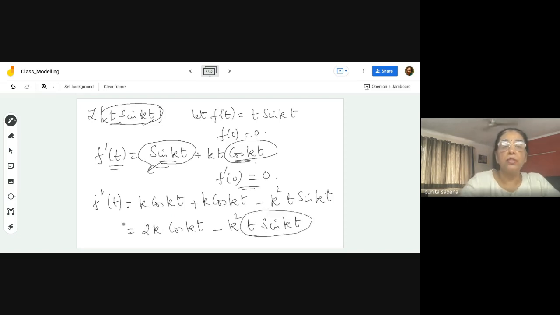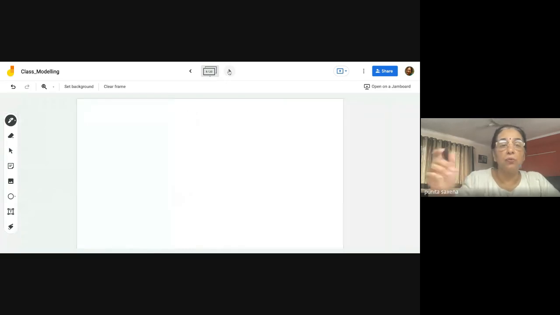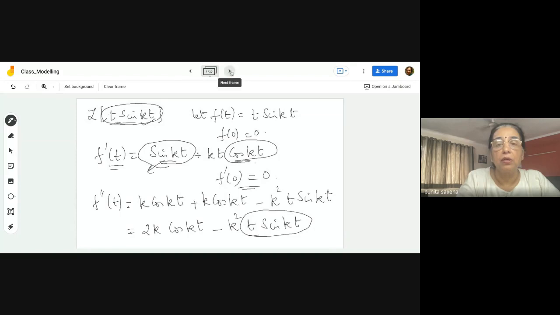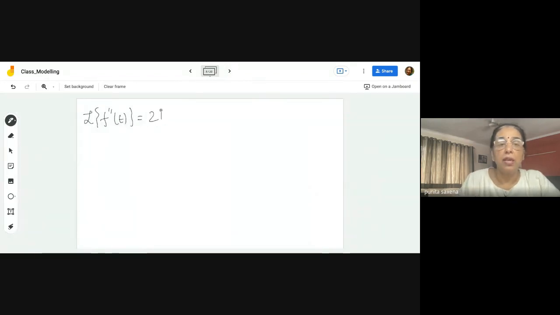If you take the Laplace transforms on both the sides, your equation now gets reduced to Laplace of f double dash t is equal to, what was the first term? 2k Laplace of cos kt minus k square Laplace of t sine kt.